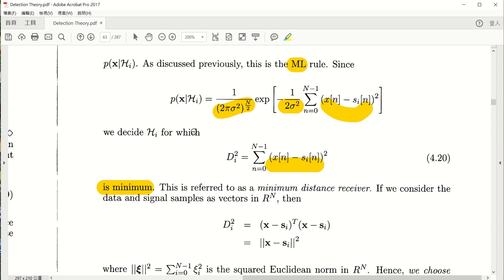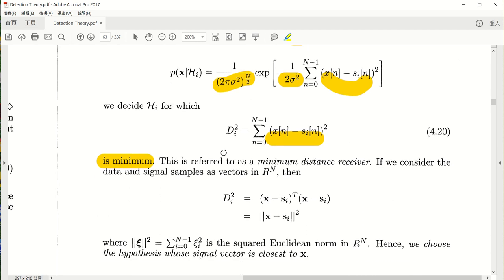As a result, we will decide Hi for which this is the minimum, because this minimum d squared is going to give you the maximum likelihood. But here we can also call it the minimum distance receiver.